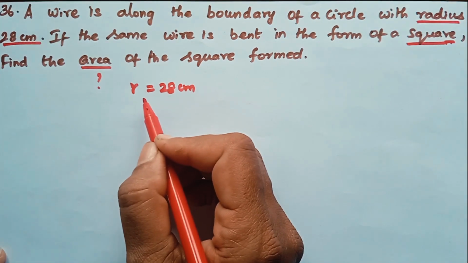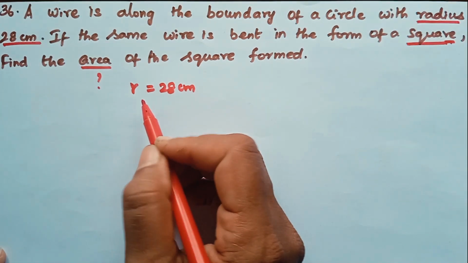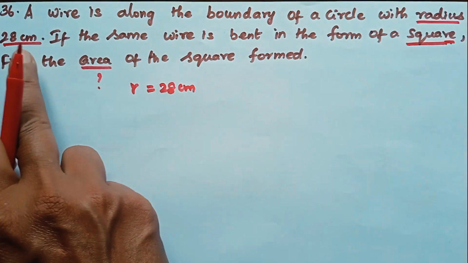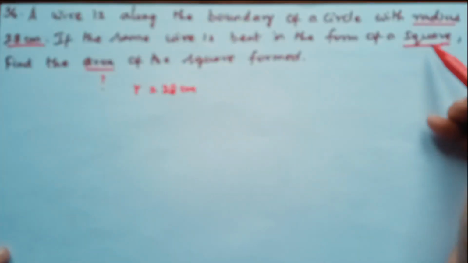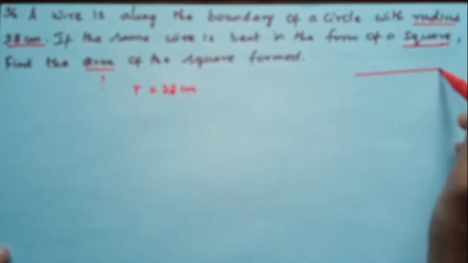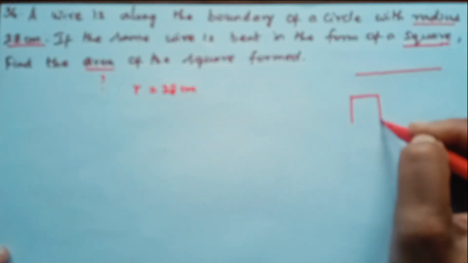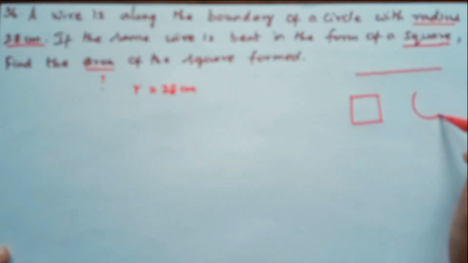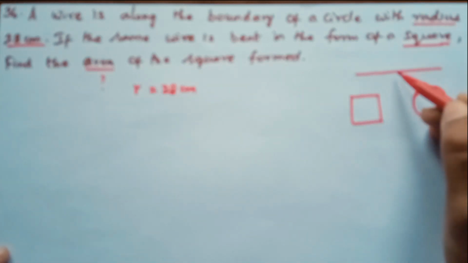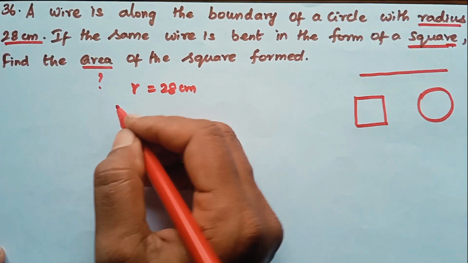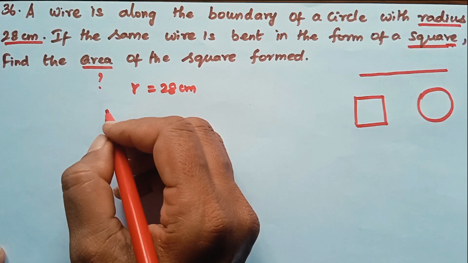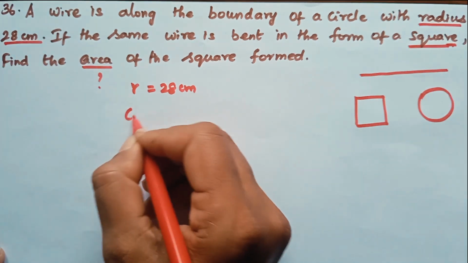So first we should find the circumference of the circle, because the circumference of the circle is nothing but the perimeter of the square, because with the same length of wire they form a square as well as a circle. So the perimeter will be the same for both. So first we'll find the circumference of the circle.